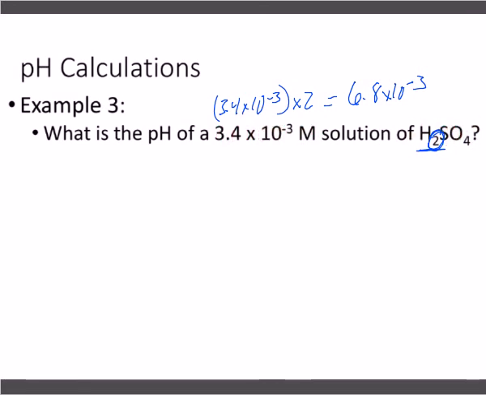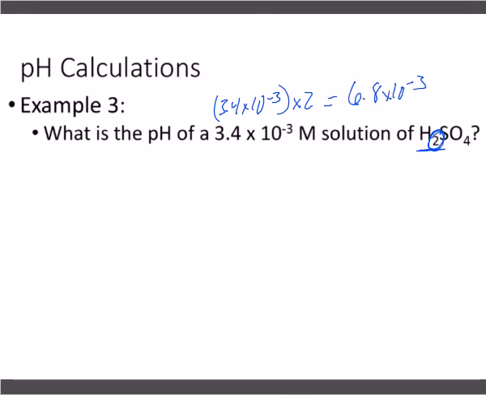But in terms of particles, for every 1 mole of H₂SO₄, there's 2 moles of hydrogens because of that subscript 2. Just like there's 4 moles of oxygen atoms if we broke it all apart, there's 2 moles of hydrogen atoms. That's why we're multiplying by 2, because there's twice as many protons in 1 mole of sulfuric acid.